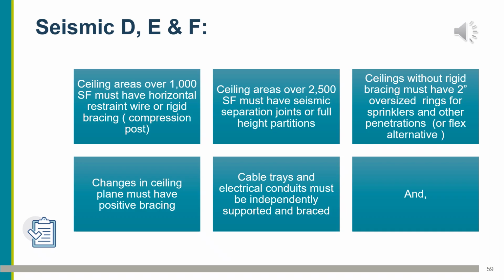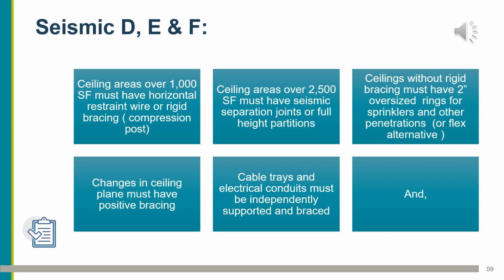In addition, ceiling areas over 1,000 square feet must have horizontal restraint wire or rigid bracing, compression post of what we're talking about. Ceiling areas over 2,500 square feet must have seismic separation joints or full height partitions. Ceilings without grid bracing must have 2-inch oversized rings for sprinklers and other penetrations, or a flex alternative.